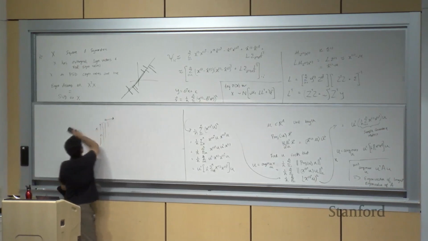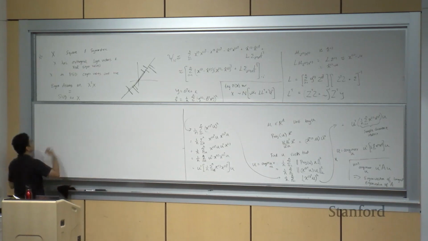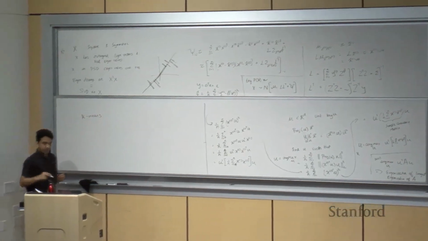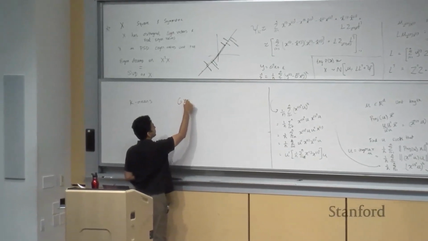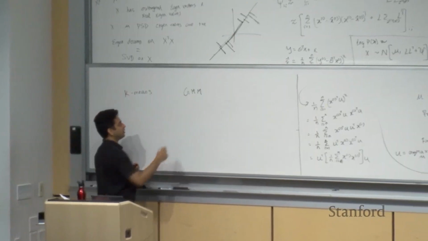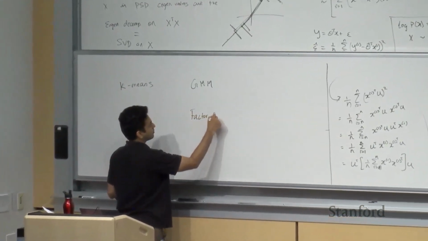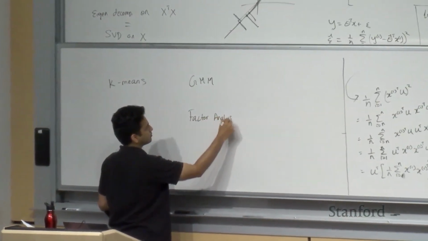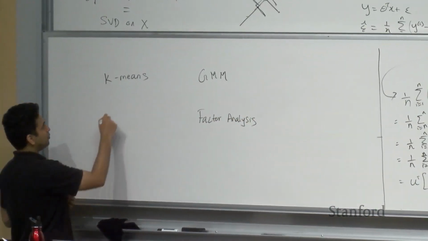The first one we saw was k-means. We started off with k-means, and then after k-means, we studied Gaussian mixture models, and after Gaussian mixture models, we studied factor analysis. And today, just now, we studied PCA.